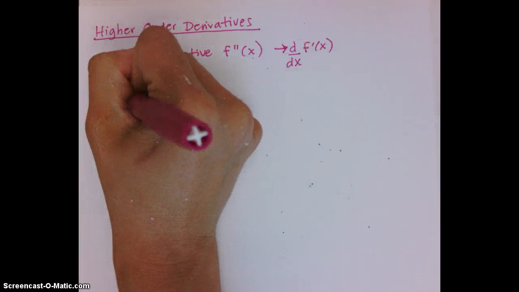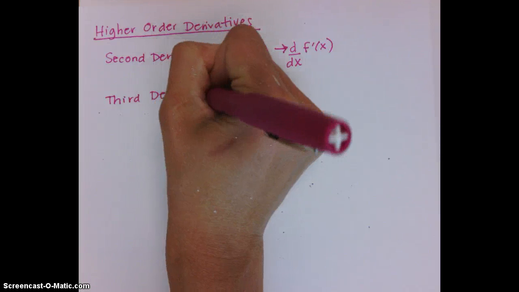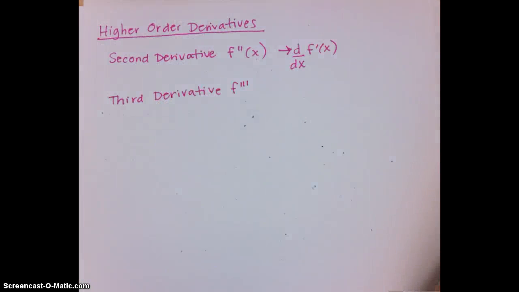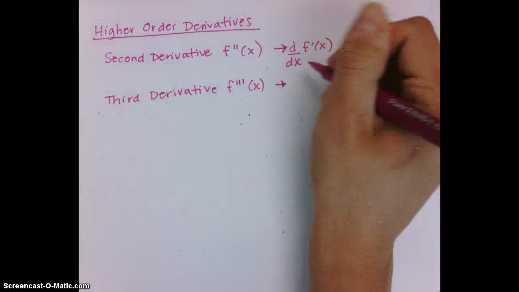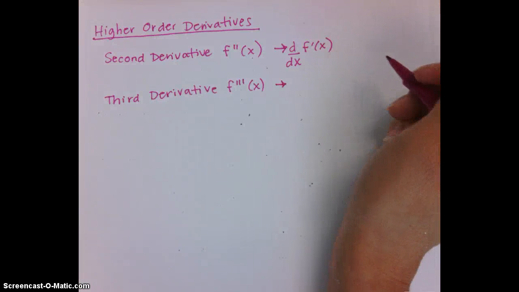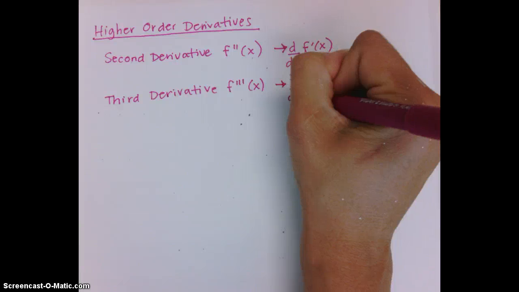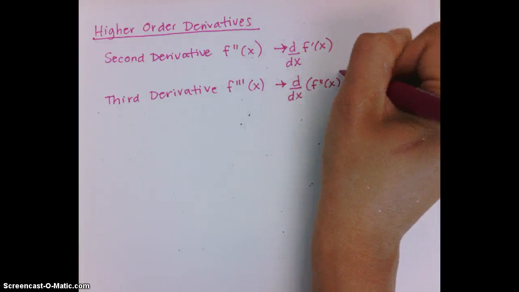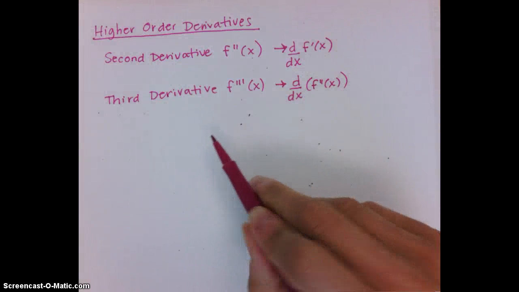And of course, we can do that again and again and again, and the next iteration would give us the third derivative, denoted by f triple prime of x. And here we would take the derivative, and we would take the derivative of that function again, and then we would take the derivative again. So if we take the derivative of the second derivative, we get the third derivative.